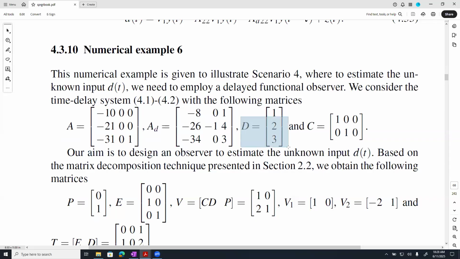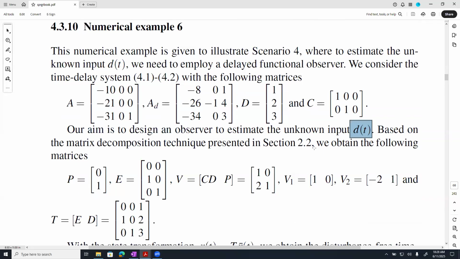And this is the determined matrix, and this is the C output measurement matrix. We had 2 outputs, and we want to estimate an unknown input, d(t). And of course, when you take C times D, we get the answer 1 and 2, which is non-zero.